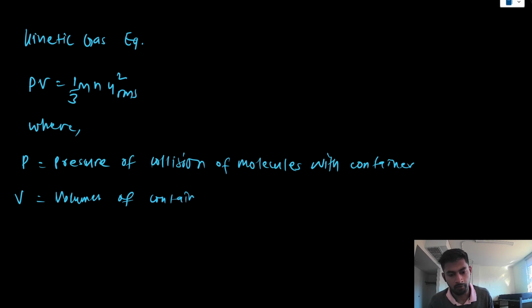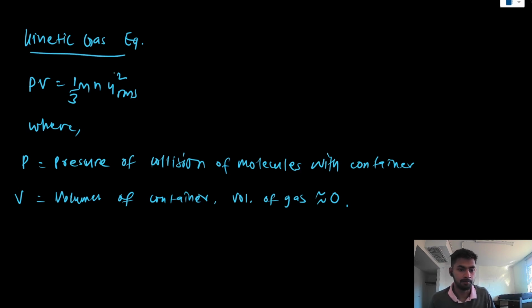Again, since the volume of gas is negligible, which is zero, which is not exactly zero, but we consider it zero. That's what we would consider whenever we are using this equation.